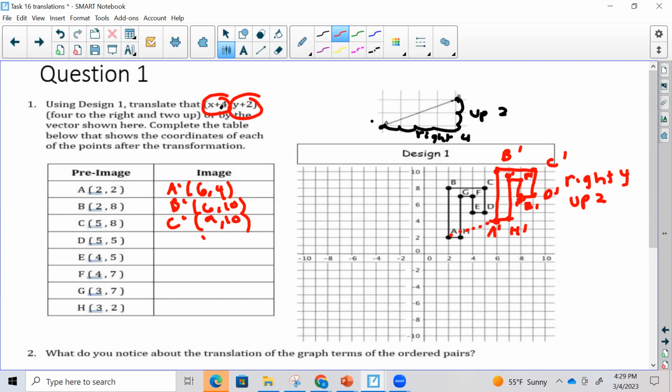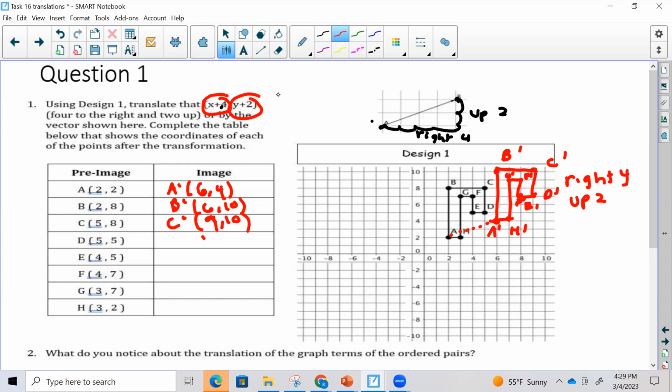Okay, and so let's again pause and look at how we get from one to the other without graphing it. So we took A at 2, 2, and we moved from 2 right 4. And so if I take 2 and I add 4, I get to 6. And then from that point, I went up 2. And so if I take my Y value and add 2, I get 4.